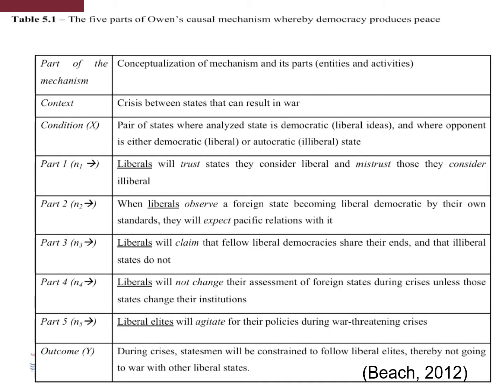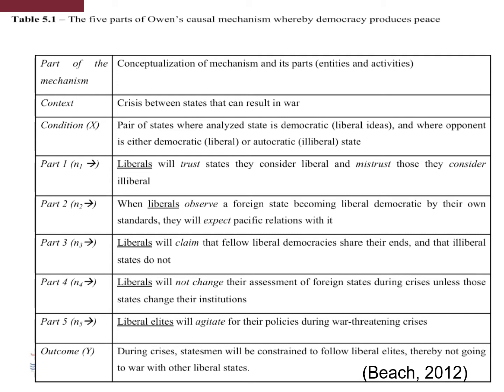Now, this slide is, I know it's kind of hard to read. It goes through, this is an example of, hey, what are the mechanisms, right? And so here we have, and again, this is from Beach, and it's perhaps more readily readable in his, the idea of what is the causal mechanism whereby democracy produces peace.